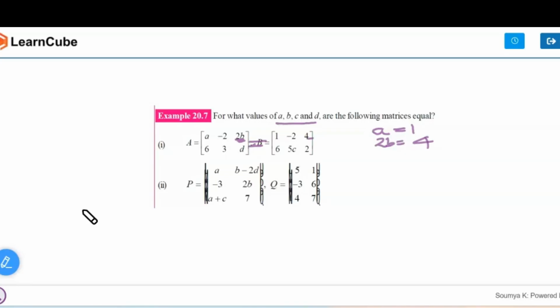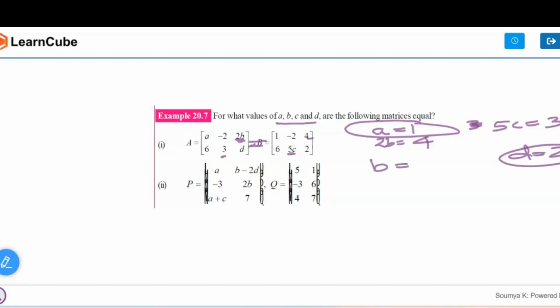Next, this 5C is equal to 3. 3 is equal to 5C, or 5C equal to 3. Both are equal. Next one is D is equal to 2.